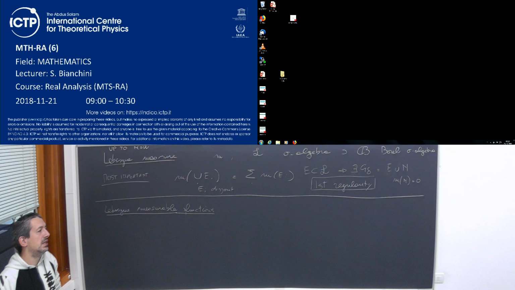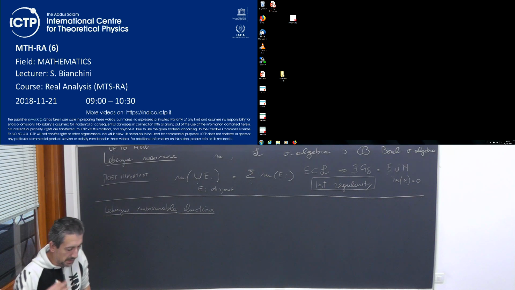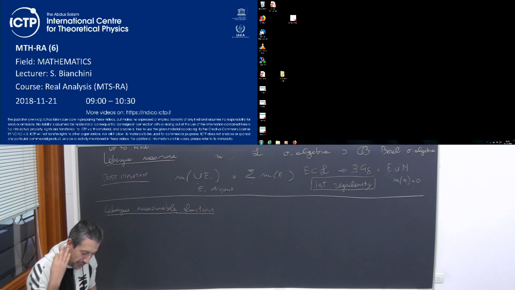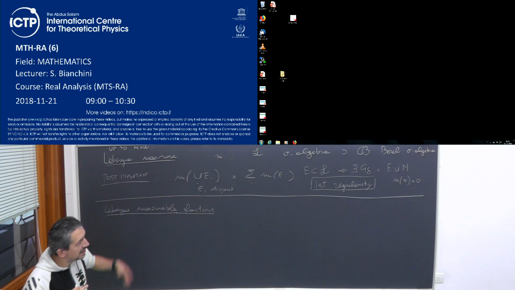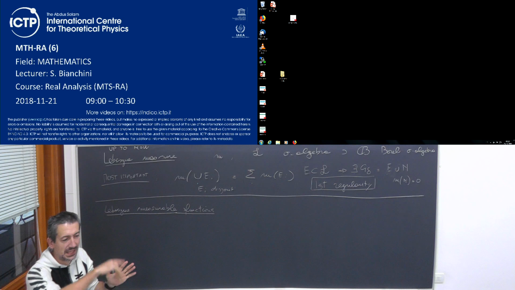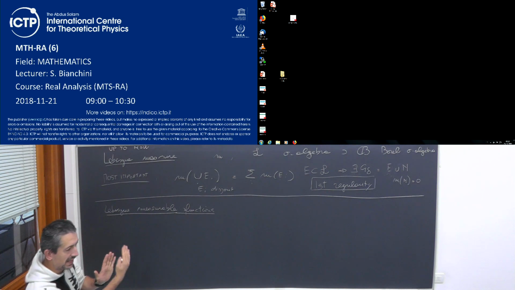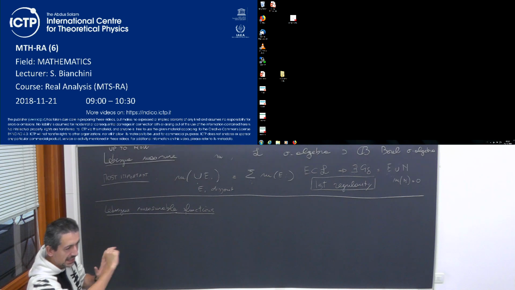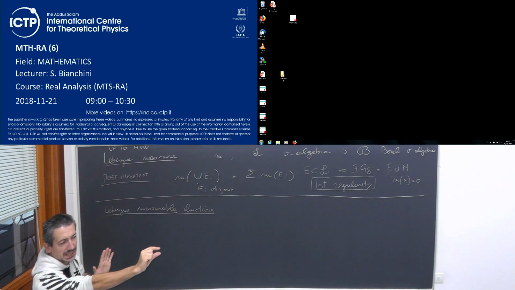So measurable function. So we have to understand why I give the construction here. Remember that the idea is that if I have an integral, instead of seeing the vertical strips, I just see it as a sum of horizontal strips.